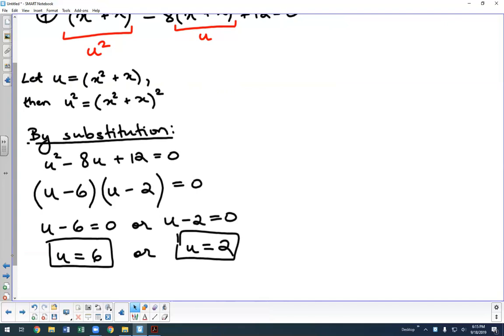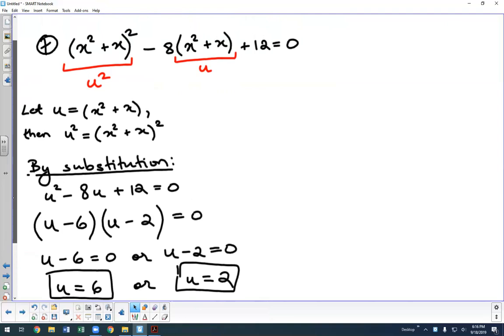Okay. Now what should we do once we get our u values? What did we do in the previous example? We went back to our x squares. So that's exactly what we're going to do here.